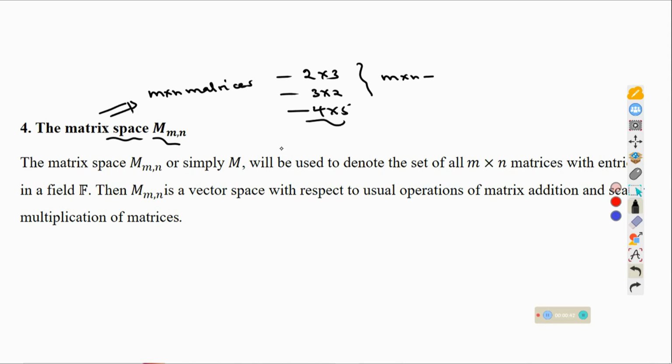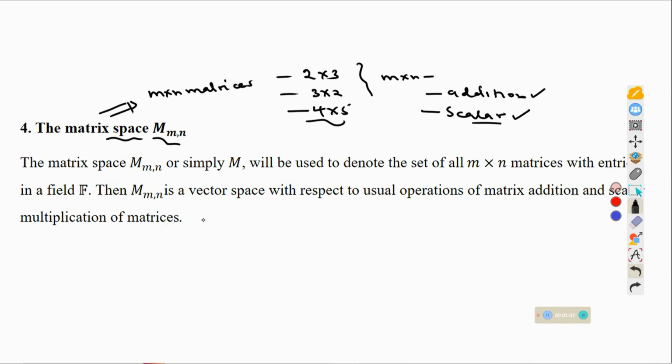So majorly, if we can easily look at addition and scalar multiplication, if we are able to define these two, we can easily prove the remaining axioms. But basically we need to understand how we deal with the addition of matrices and scalar multiplication in matrices.